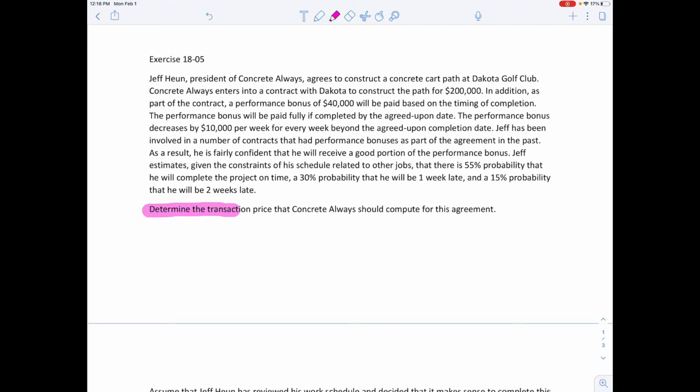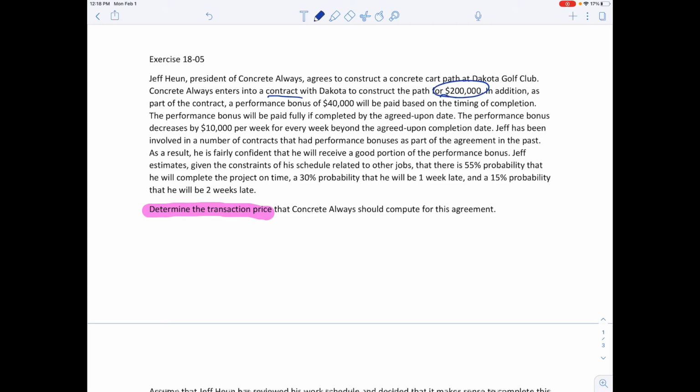So here we're going to determine that transaction price. So that means I'm going to go up, then read through the information, and then find the pieces that I need. So it says the contract is worth $200,000.